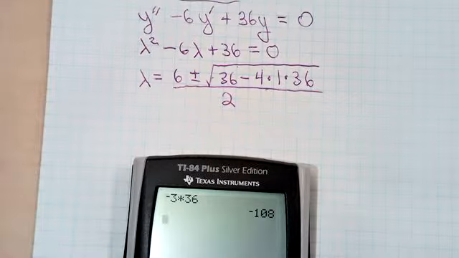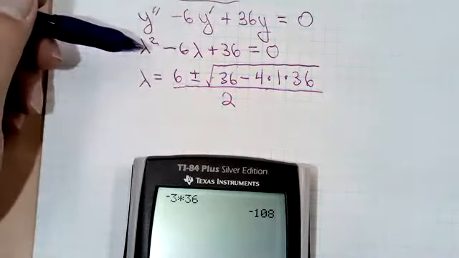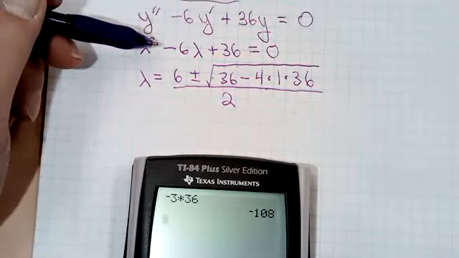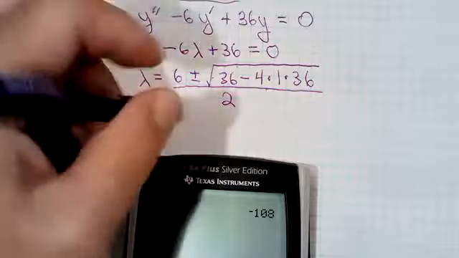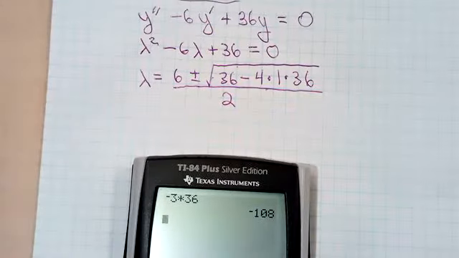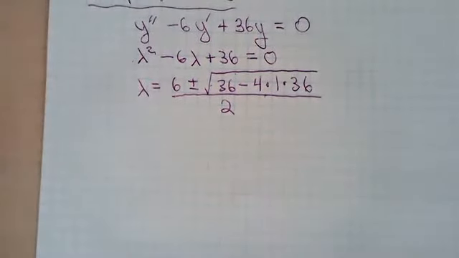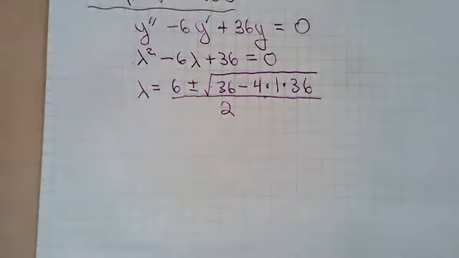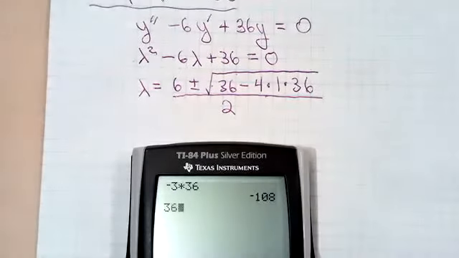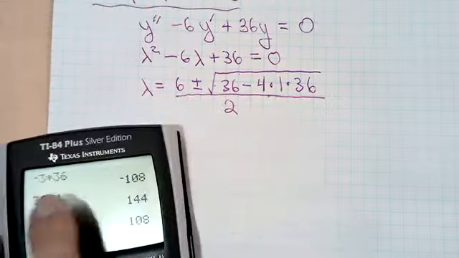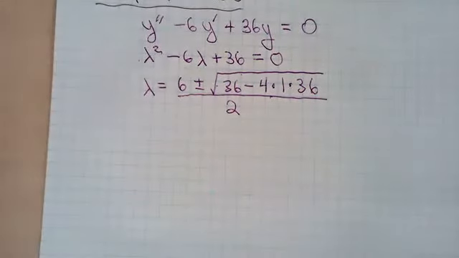Oh, minus 4. Oh, minus. What's that? 36 minus 144. Yeah, but it's supposed to be a perfect square because I cooked it up so that it would be.